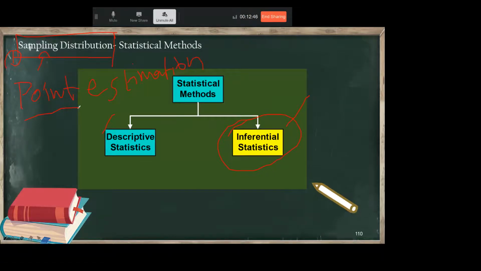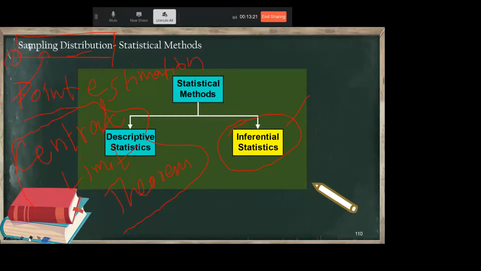What is point estimation, and how do we extract things from it? We will talk about this, and we will also try to cover the central limit theorem. If we have time, we will finish all three, but at least we're going to cover sampling distribution and different aspects of sampling distribution and point estimation in today's lesson.